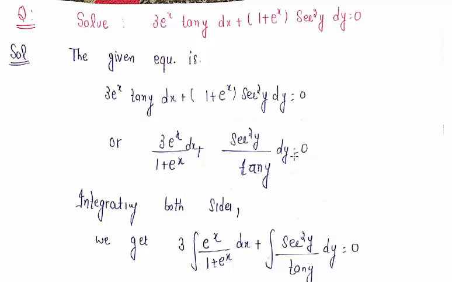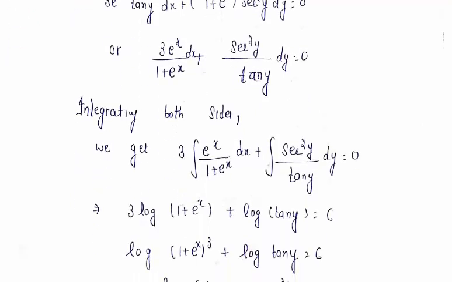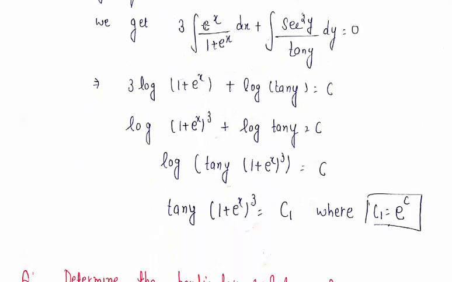So after separating the terms, we perform the integration. 3 is a constant, so we can write 3 here. Integration of e raised to power x over 1 plus e raised to power x dx, and integration of secant square y over tan y dy. So 3 times e raised to power x over 1 plus e raised to power x.